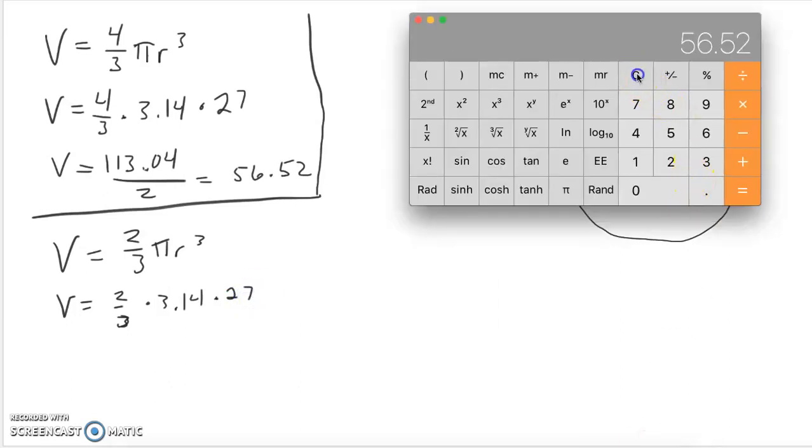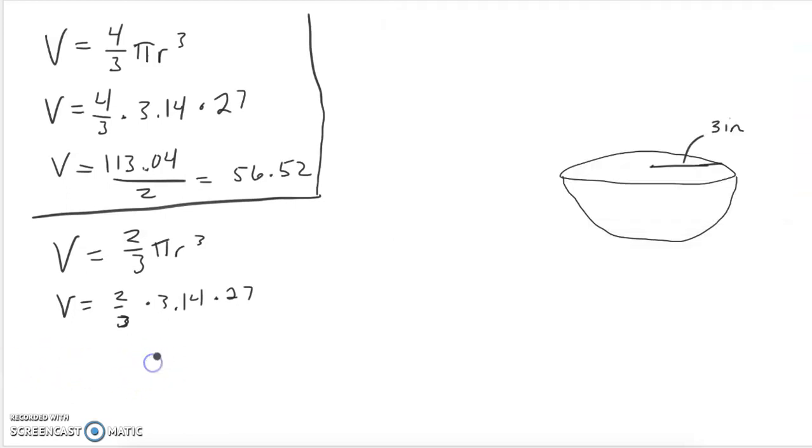Let's do 2 times 3.14 times 27, divided by 3, and we get 56.52. So the volume equals 56.52 inches cubed.